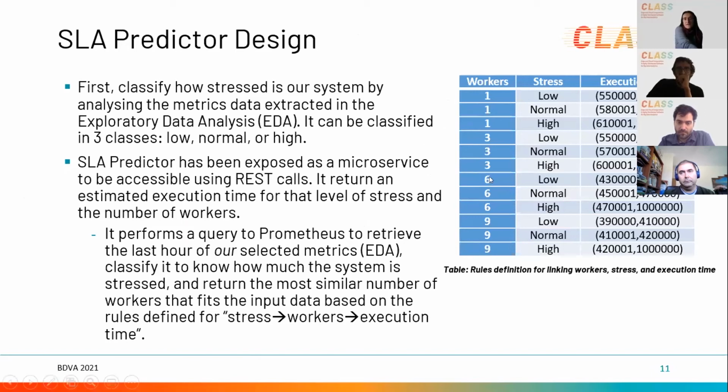So for a specific number of workers and the actual state of the system, we obtain the time frame of execution, and we see if it is possible or not with the initial number of workers, or what the optimal number of workers is. To obtain this stress level, we have used a number of metrics that define the system.